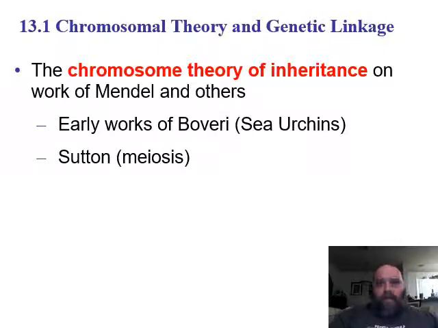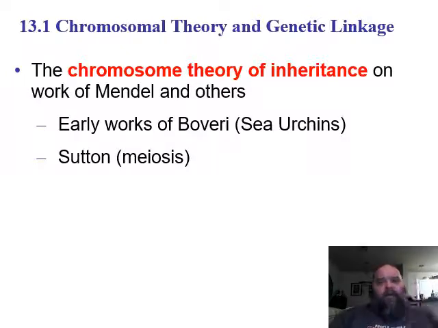This is now in the realm of the scientific method. Other scientists are beginning to look at how things are passed on in other organisms. They are taking a scientific approach to the study of what it takes to get the traits passed on generation to generation to generation.